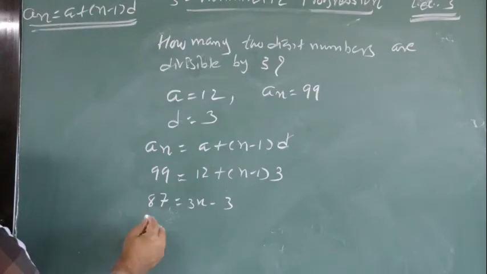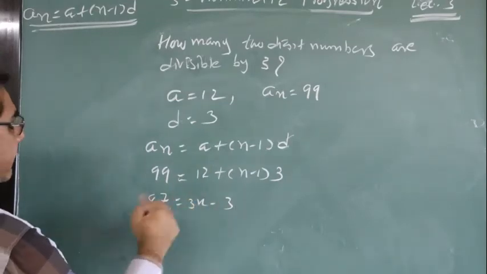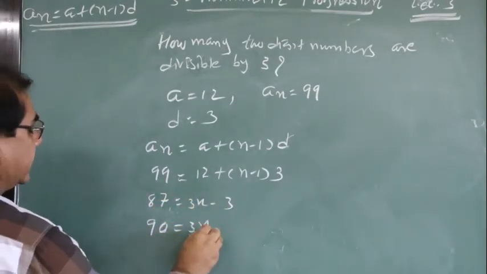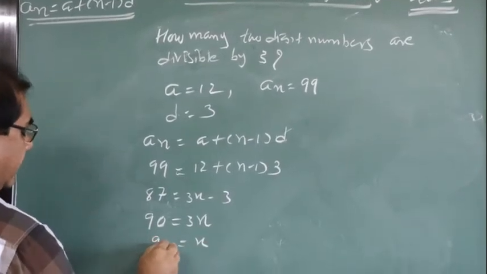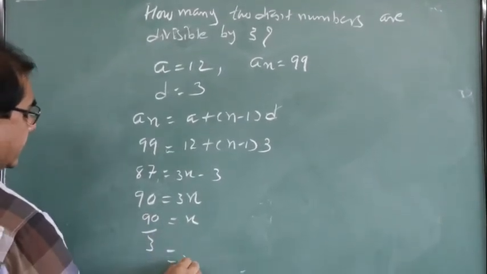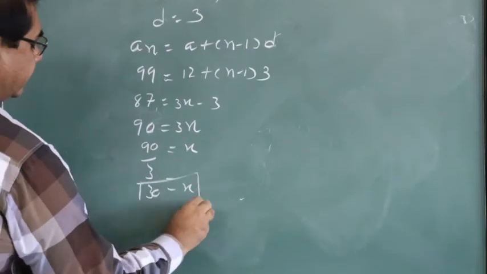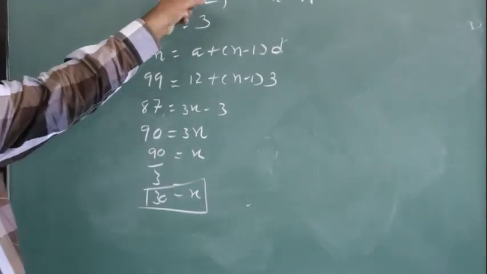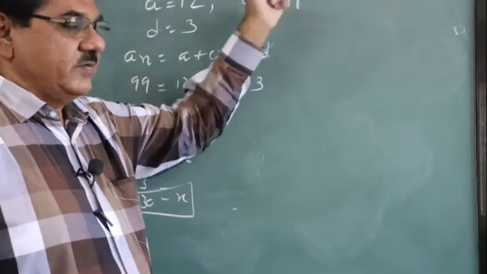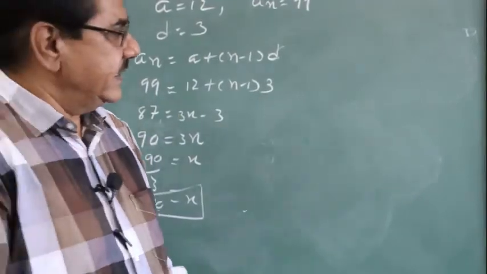Minus 3 changes the side. 87 plus 3, 90 is equal to 3n. So n is equal to 90 upon 3. So n is equal to 30. So there are 30 two-digit numbers which are divisible by 3. Okay?